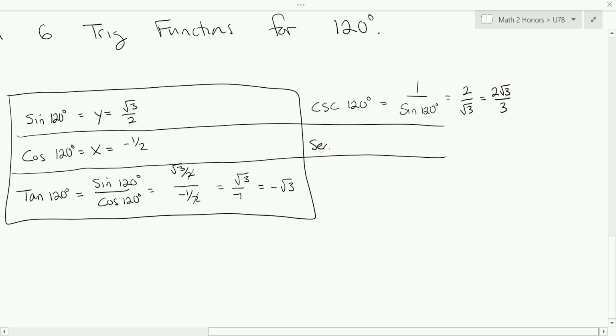And then the secant of 120 is 1 over the cosine, which is what? So when you flip over negative 1/2, you get negative 2 over 1, which is negative 2. And then the cotangent of 120 is going to be what?